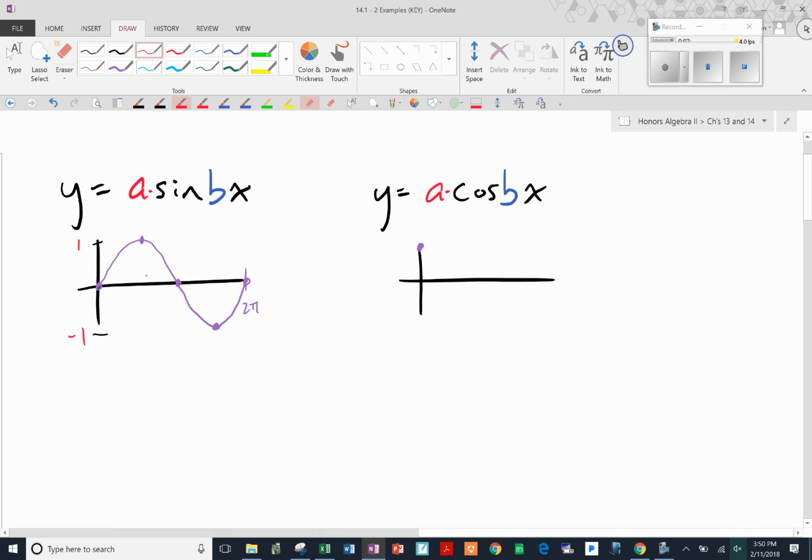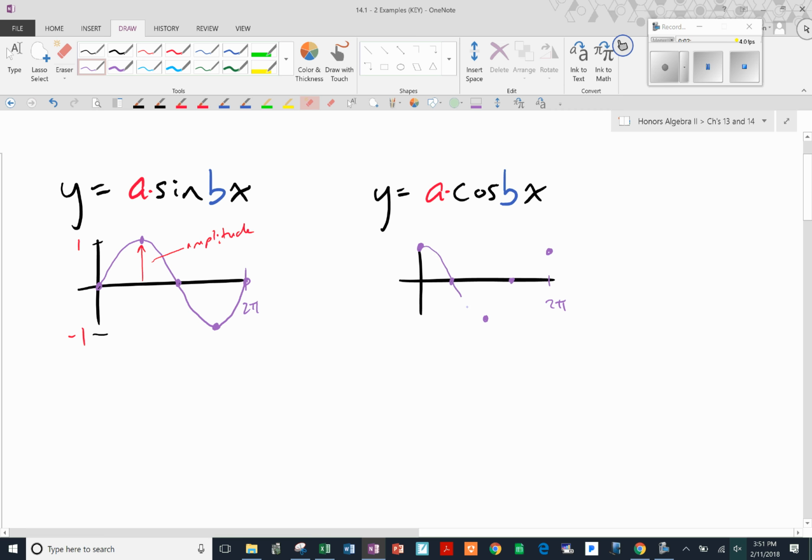And hopefully remember that that is the amplitude, the distance from the x-axis to the maximum. Cosine will start at that maximum value of 1 and will end at that maximum value of 1 after the period of 2 pi. It'll hit a minimum halfway through and hit x-intercepts 1/4 and 3/4 of the way through.